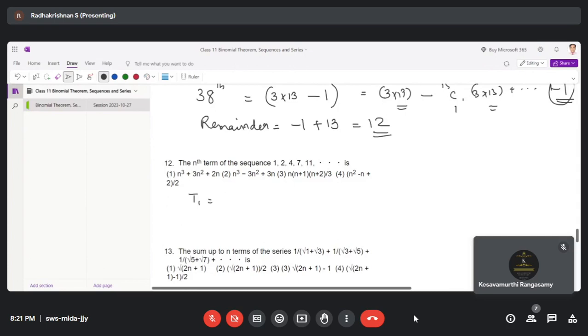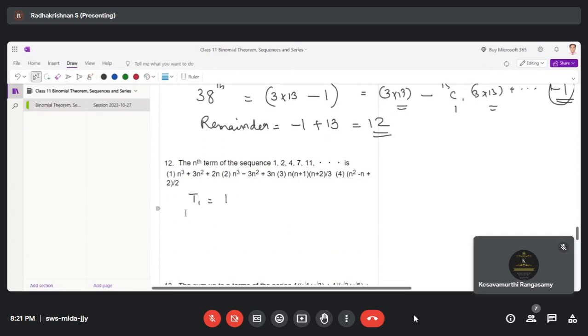T1 equal to 1. T2 equal to T1 plus 1. Right? Now what is T3? T2 plus 2.